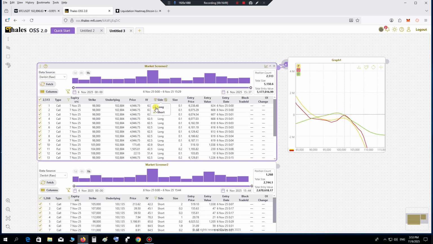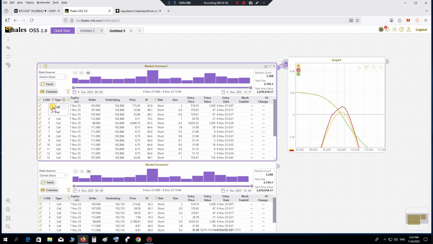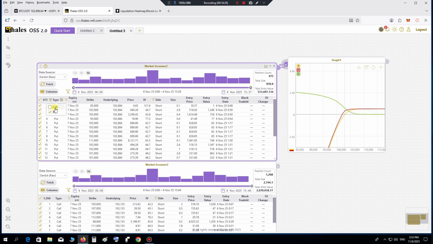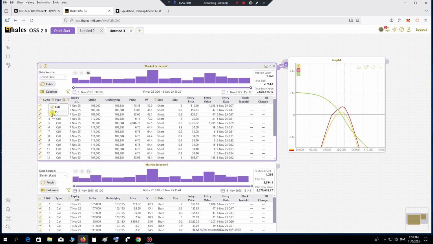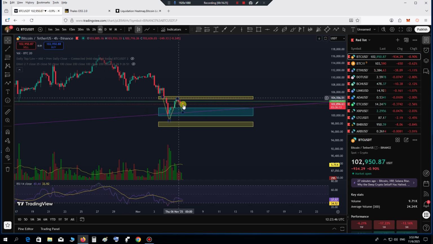Let's look at the sellers. 2,740 Bitcoin sold, 1,700 and 703 Bitcoin sold. Call sellers, 900 and 700 Bitcoin sold. Put sellers. As you can see, the sellers in front of this bullish leg have seen a ceiling.